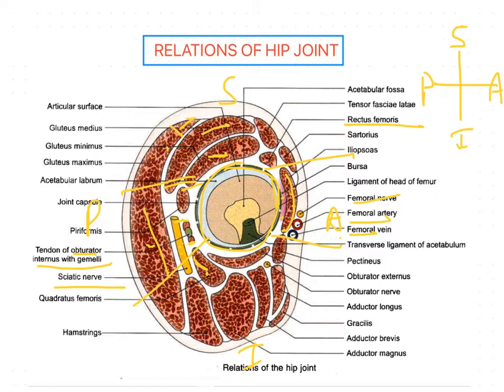So these are the superior relations. One is the reflected head of the rectus femoris, and then gluteus minimus, gluteus medius, and then partly the gluteus maximus muscle.